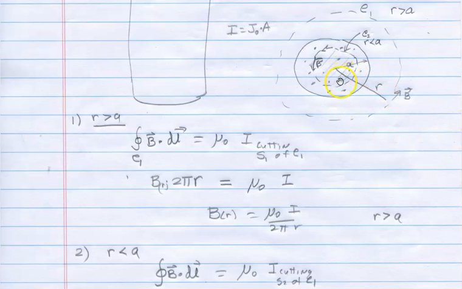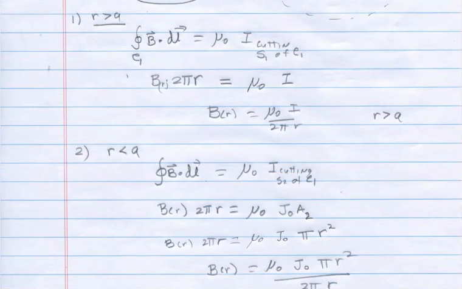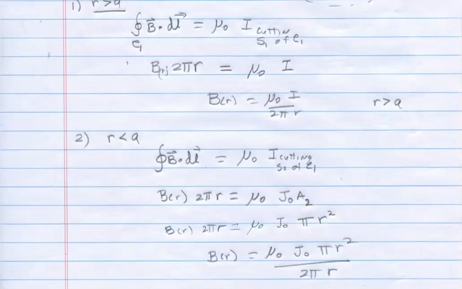Well, the radius of that interior one is radius r. And so if r is the radius of curve C2, then pi r squared times J naught is the total current that's going through that. It's the current density times the area that it passes through, pi little r squared.